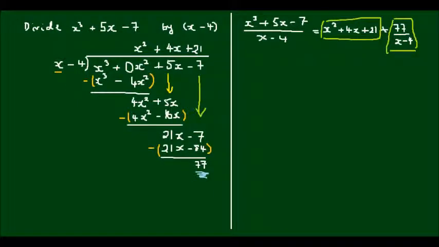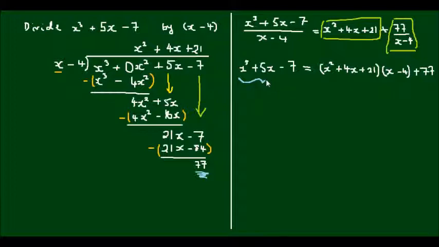But I can also rewrite this as, if I multiply both sides of this equation by x minus 4, x cubed plus 5x minus 7 is equal to x squared plus 4x plus 21 times x minus 4 plus 77.